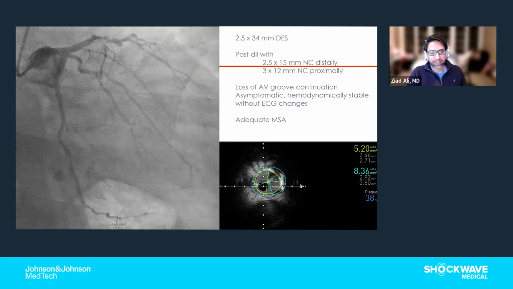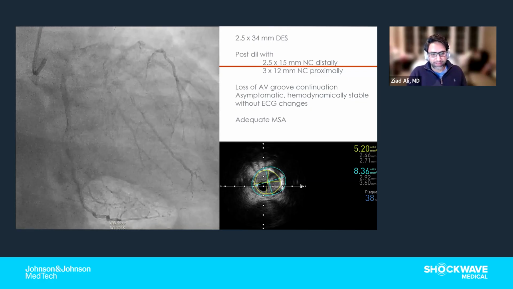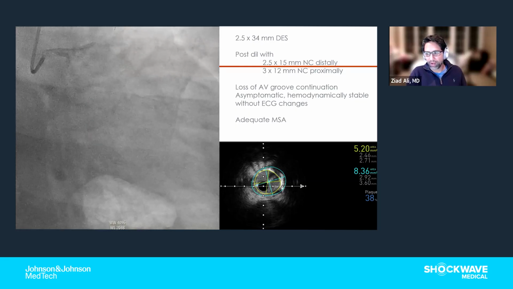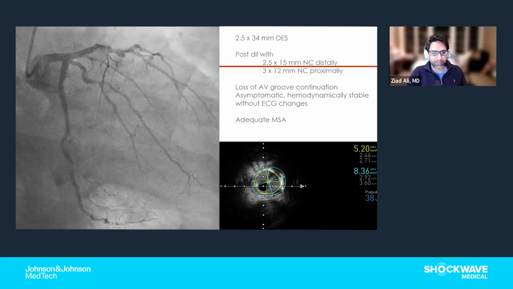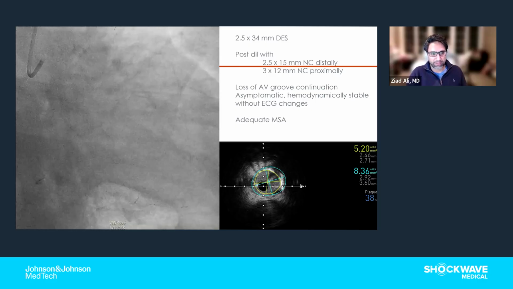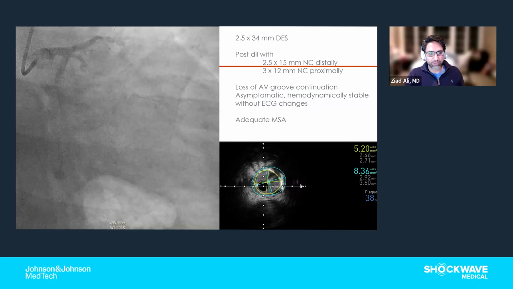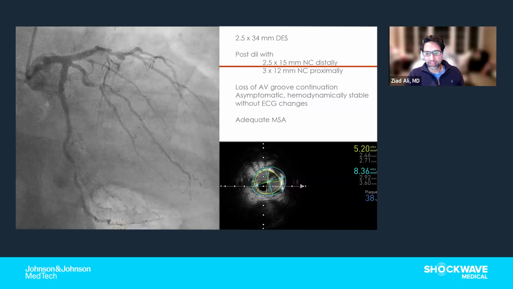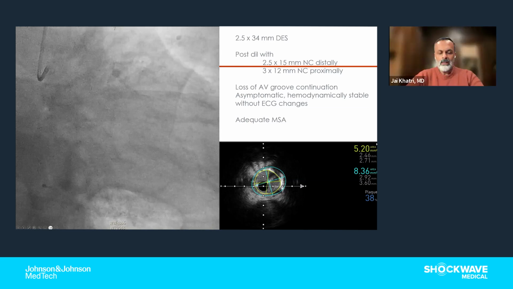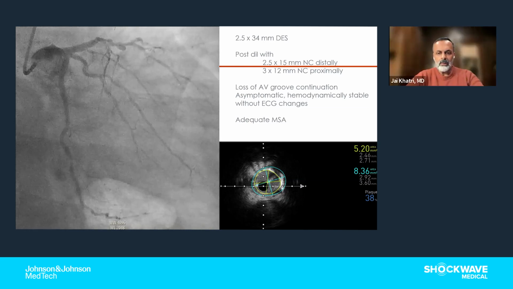And like you said, the enemy here would be to try to get great from good, right? And then we'd end up in bigger trouble. So I agree with you completely that this is easily managed with Shockwave IVL. And how long did the case take you? Not very long. We're done within less than an hour.